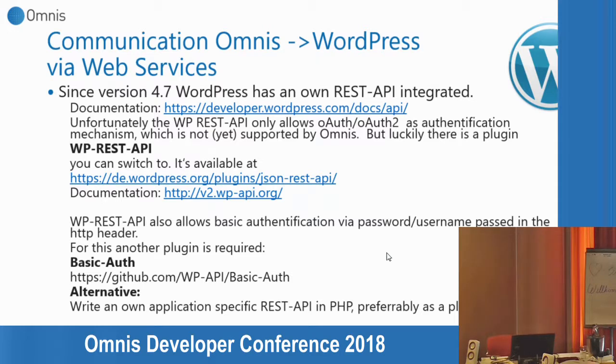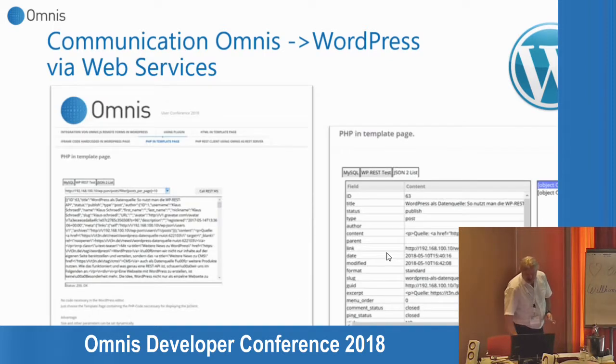And if you install another plugin, Basic Authentication, which can be downloaded here, you can do basic authentication by passing username and password in the HTTP header to WordPress, and can authenticate yourself to WordPress, and then you can do whatever you want. And so this is what I demonstrated here.